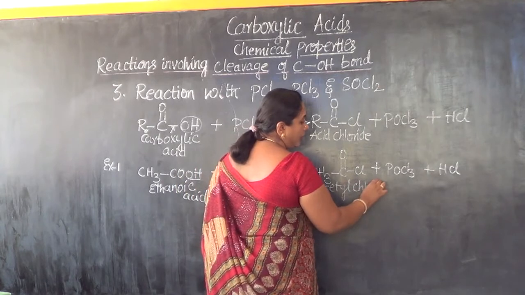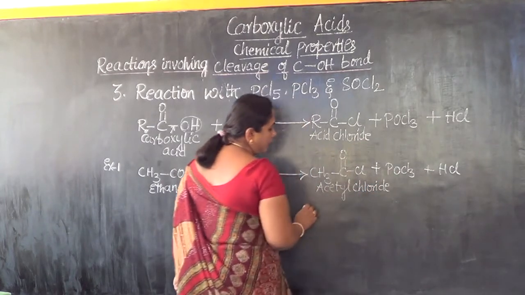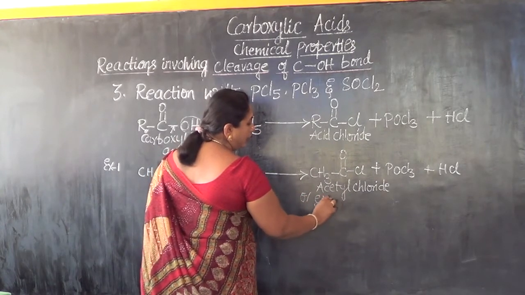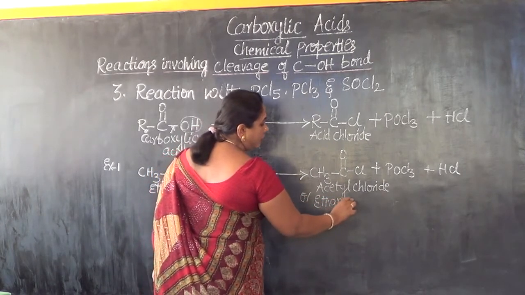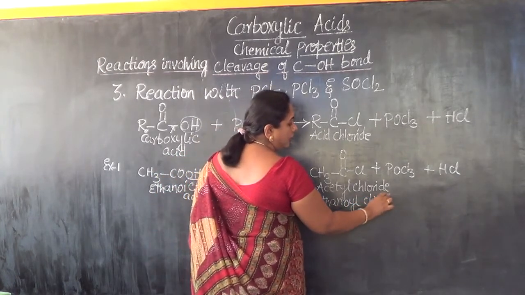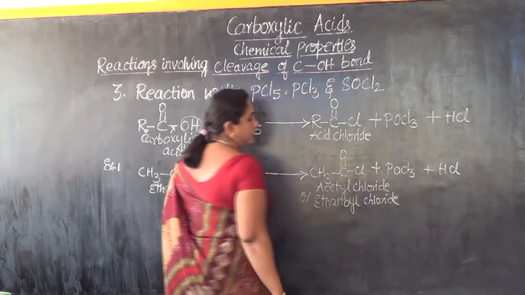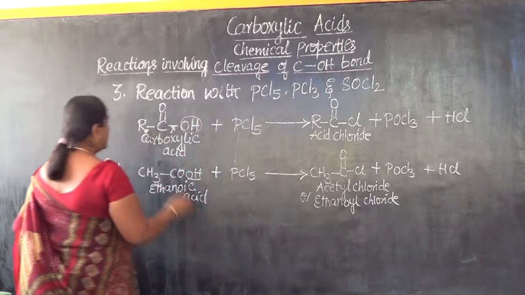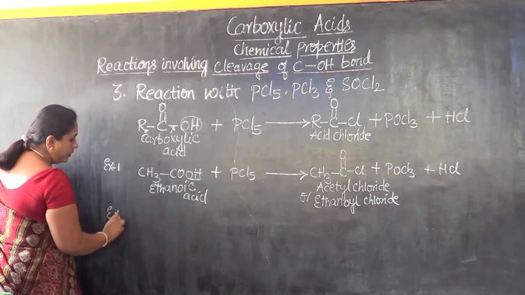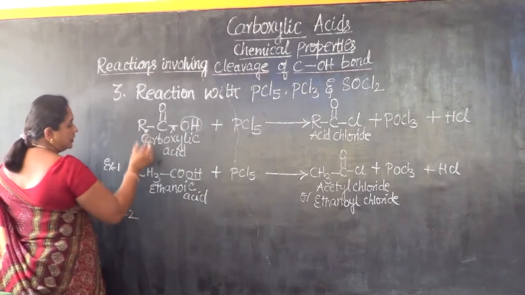Acetyl chloride is the trivial nomenclature. Ethanoyl chloride is its IUPAC nomenclature. Now let me replace R in the second example with C6H5.